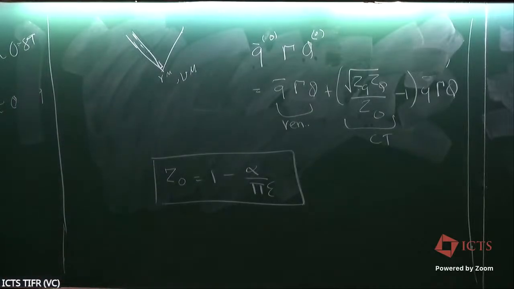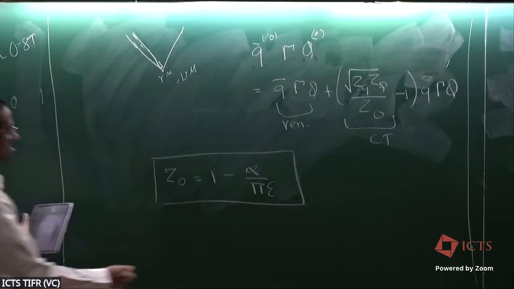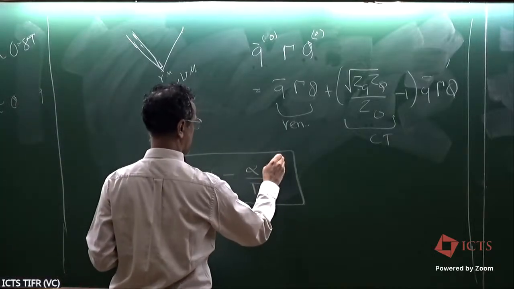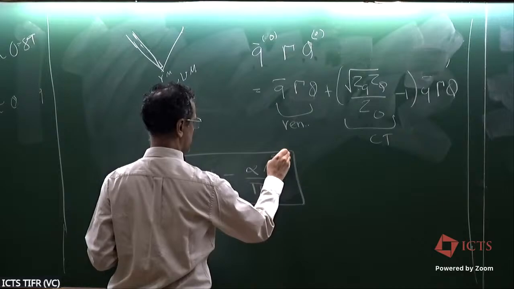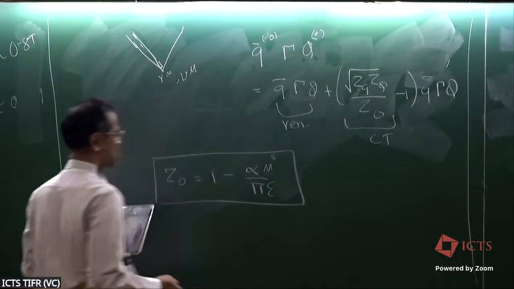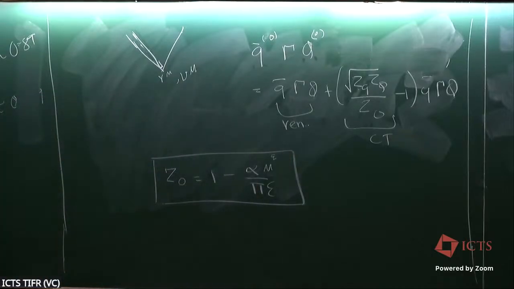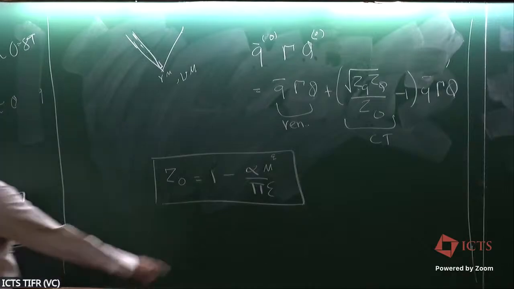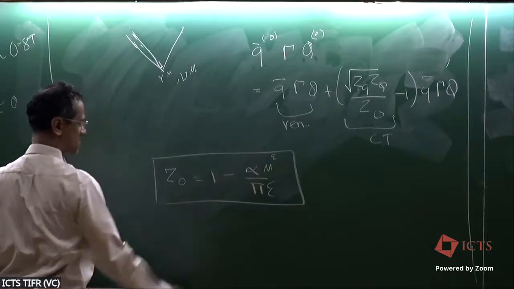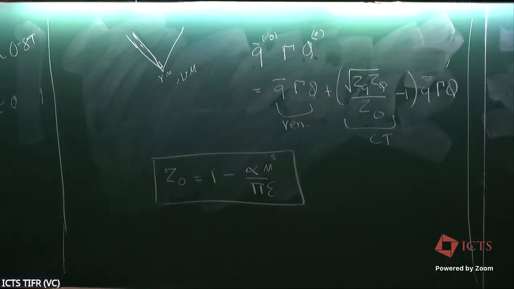If you want, you can write this. I can reduce. If I expand in epsilon, that will give me the running of Z0.